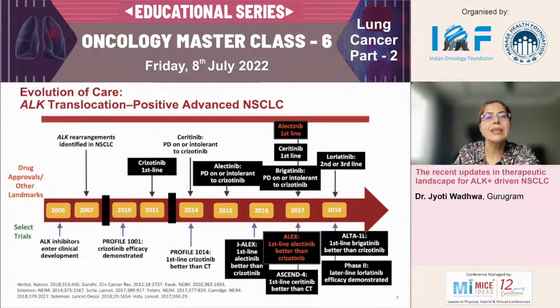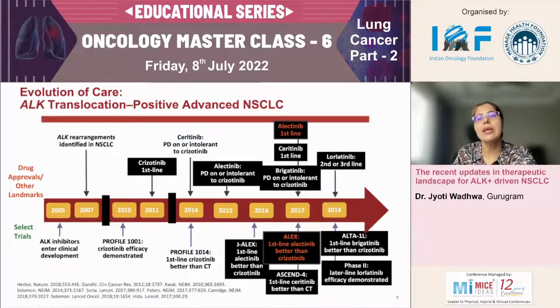So as I said, ever since the ALK rearrangement was identified in 2007 in non-small cell lung cancer, various efforts were made to develop the ALK inhibitors. And the first one in this race was crizotinib. The landmark study which got the approval for crizotinib was the PROFILE study.